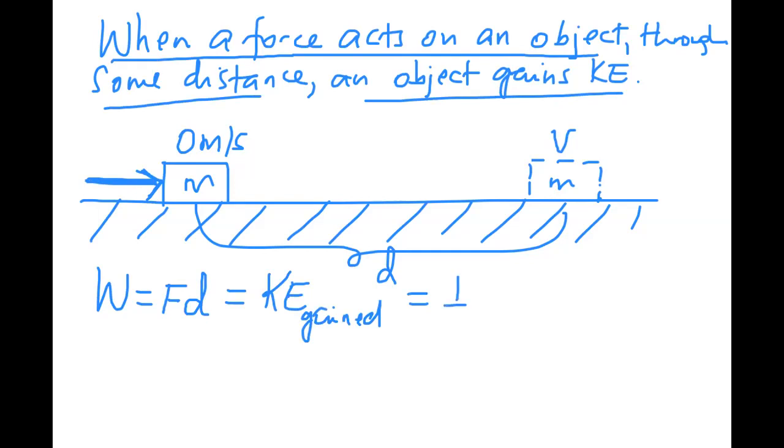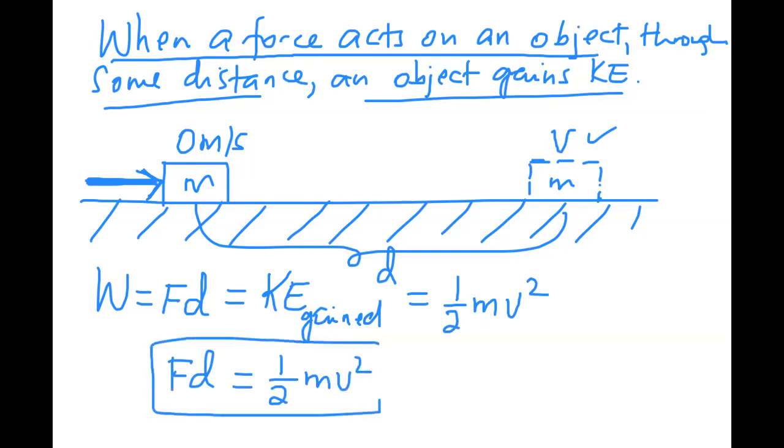By the time I see the box here, it will have the energy 1/2 mv squared. So this formula is valid here. It says the work done by this only force is equal to the gain in kinetic energy, which is 1/2 mv squared.